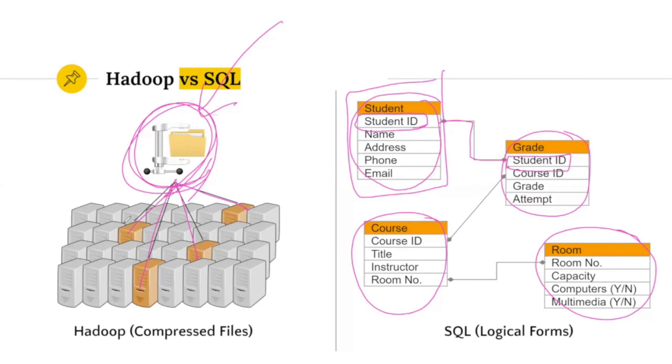And while doing that, it doesn't really worry about ordering and structuring of the data. It just compresses the file as is without worrying about the structure, and then it just makes a copy everywhere.